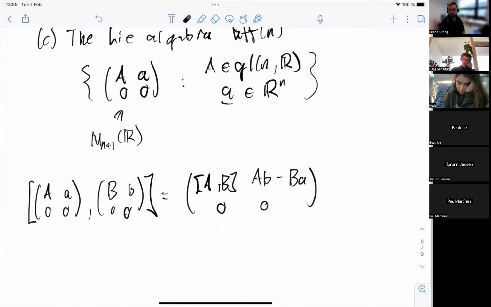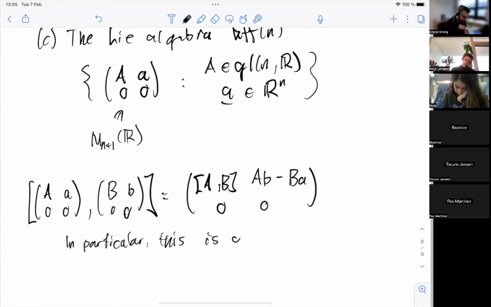This you can verify yourself through matrix multiplication. In particular, we see that it's closed under the commutator bracket, so it's a Lie algebra.